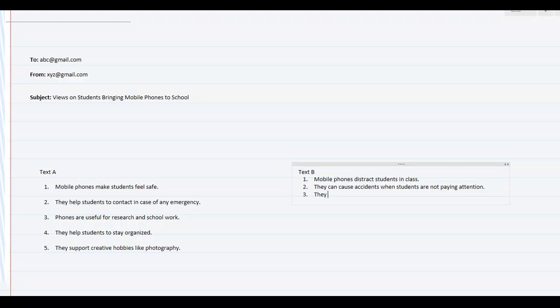Number three, they reduce creativity and independent learning or thinking. Number four, they can create jealousy and social problems. Number five was about addiction of the phones.